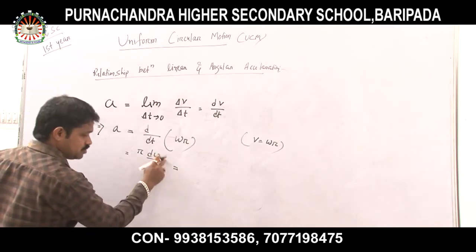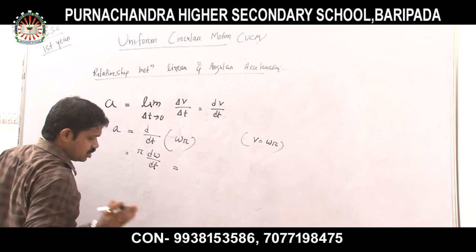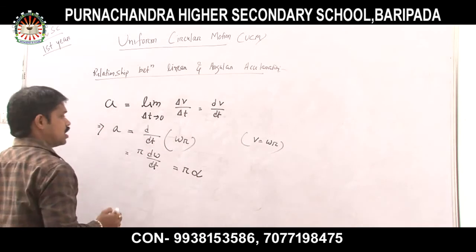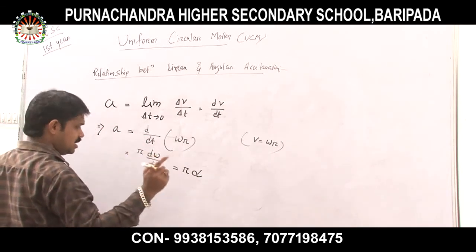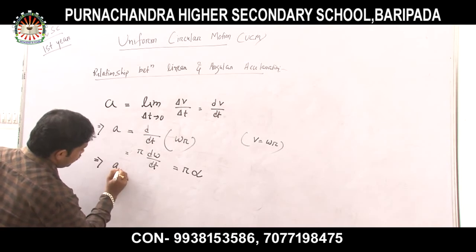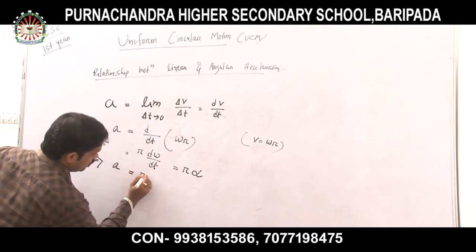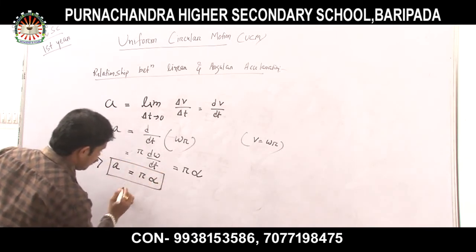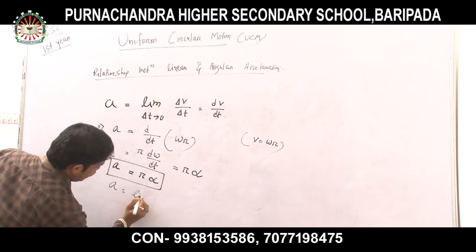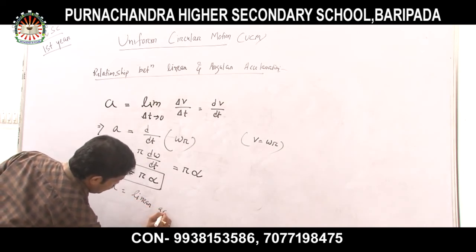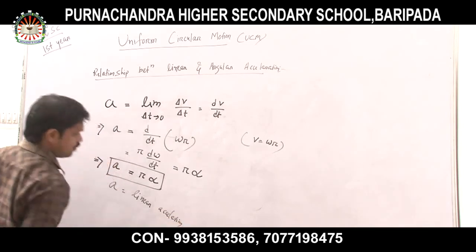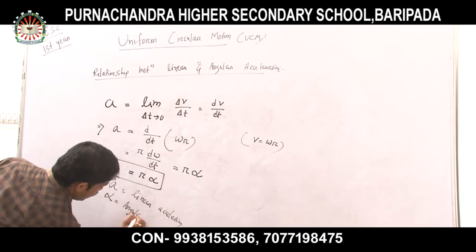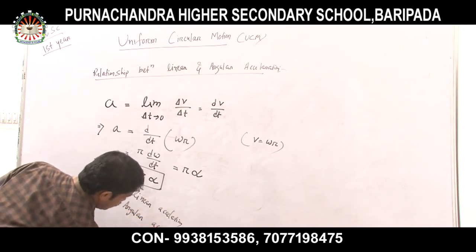So what is the rate of change of angular velocity? The rate of change of angular velocity is nothing but your alpha. That is angular acceleration. So that implies linear acceleration A is equal to the radius into angular acceleration. This is a very important one, where A is the linear acceleration and alpha is your angular acceleration.